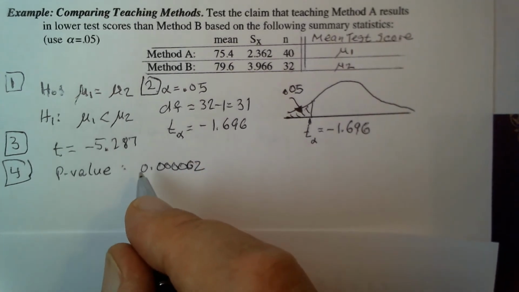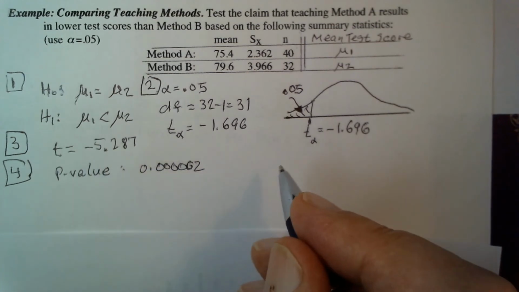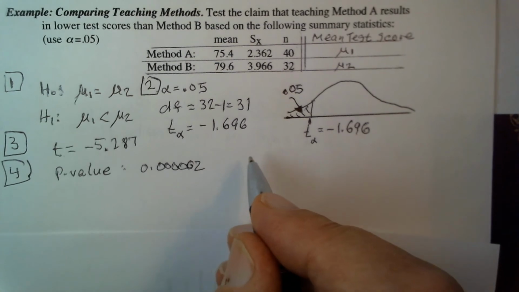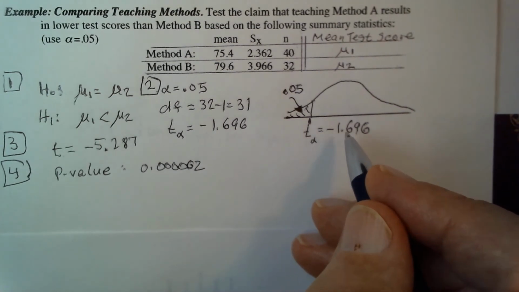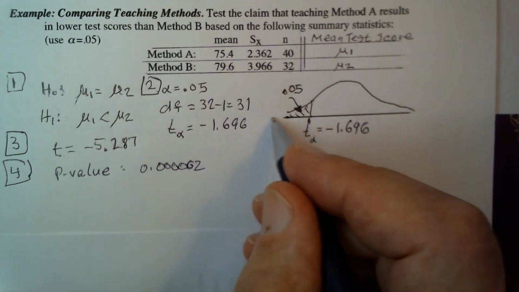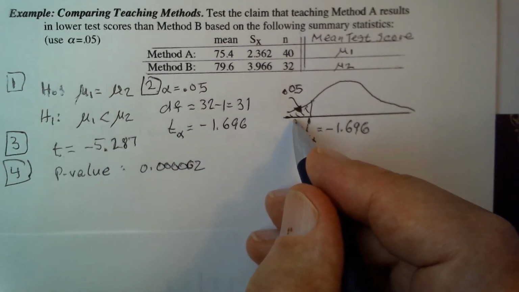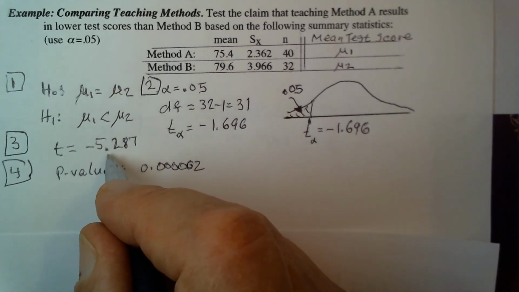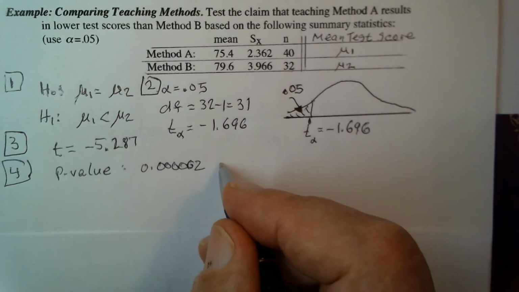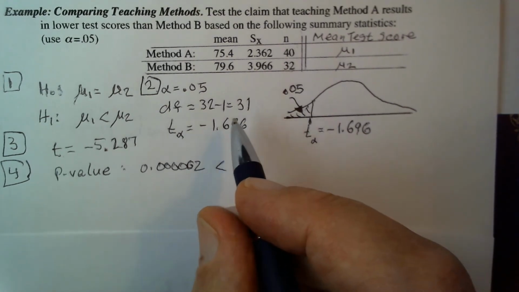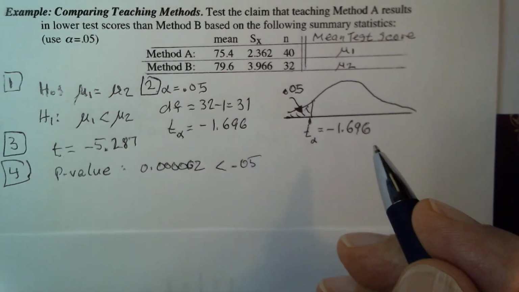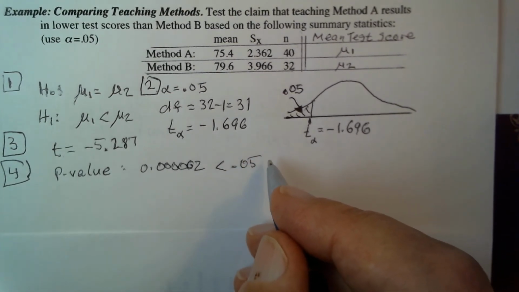So let's look at the results here. So the question is, does this test statistic tell us we are in the rejection region or not? Clearly, minus 5.2 is way into the rejection region. In other words, that tells us we reject the null hypothesis. And since the p-value is less than alpha, alpha being 0.05, that also says we should reject the null hypothesis.